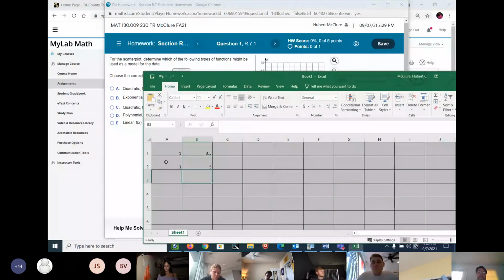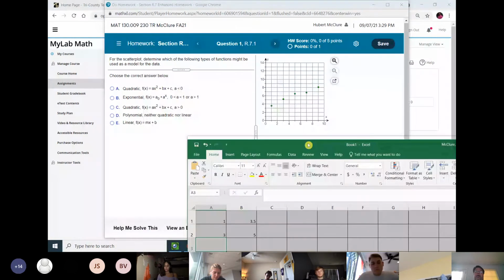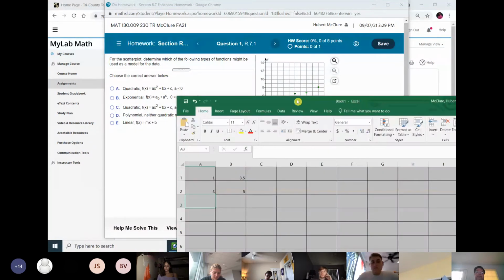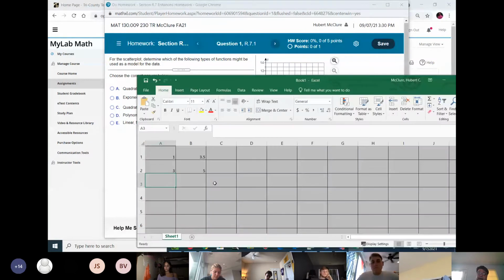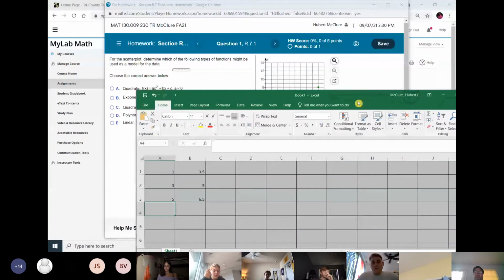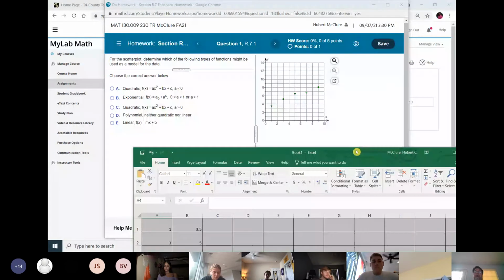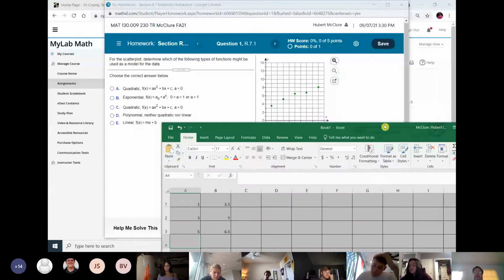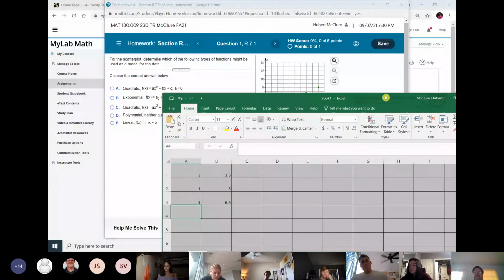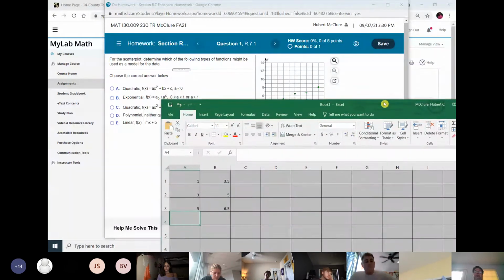Next one is 5 and 6.5. The next one is 7 and 6.8.